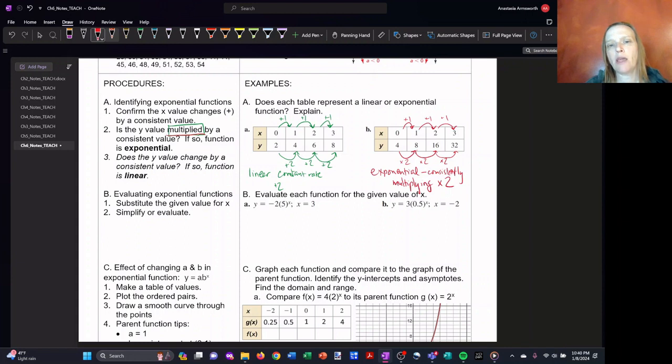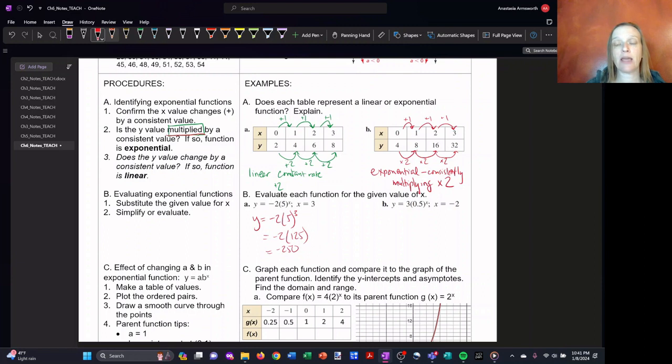So we have y equals -2 times 5 to the x power, but I want x to equal 3. So I'm going to plug in 3 where x was: -2 times 5 to the third power. And 5 to the third power is just 125. So if I do -2 times 125, that gives me -250.